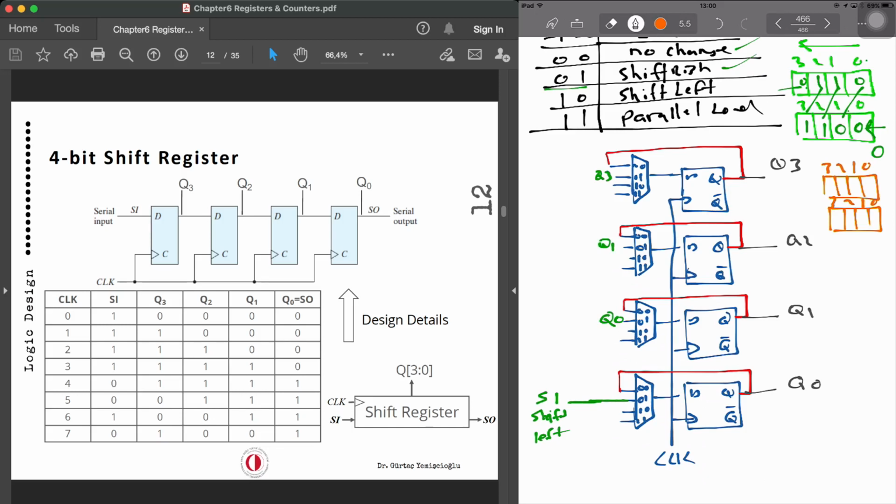Okay, hang on. The first one was shift right, but we have done shift left. So we have to change those. So this was actually 1, 0, not 0, 1.